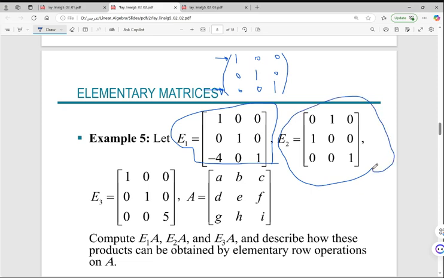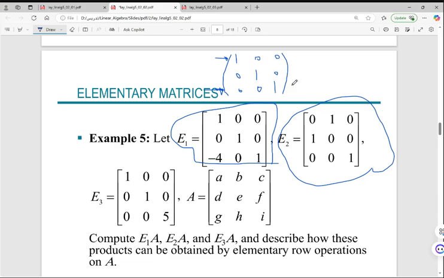Now consider E2. Is E2 an elementary matrix? Yes, we interchange row 2 with row 1. So it is an elementary matrix.